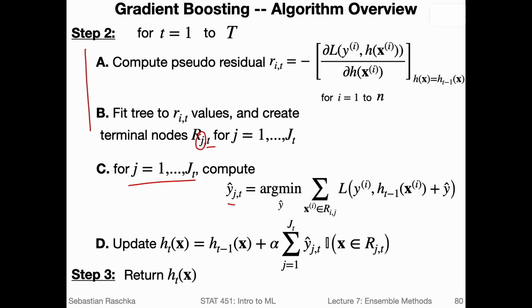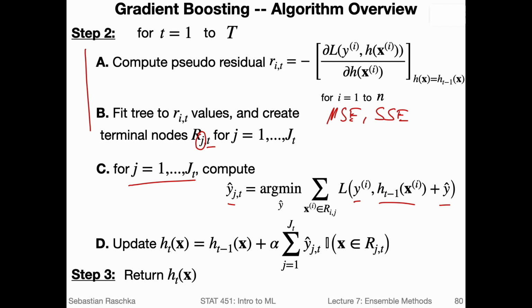What we would do in order to compute the prediction, we would again have a problem where we want to minimize the loss. So in the case of the mean squared error or sum squared error, we would again be computing the average at the given node. So what we are doing now is computing the loss between the true label and, in this case, the prediction of the previous round plus the prediction at that given node.